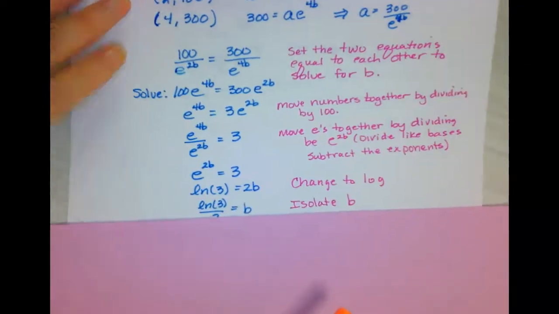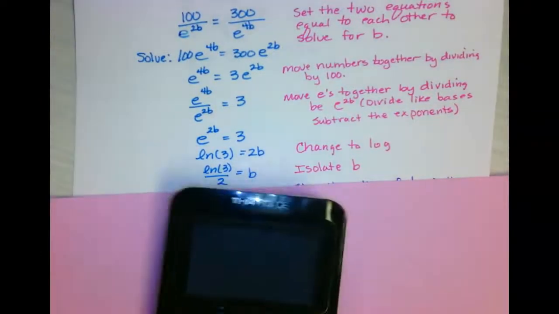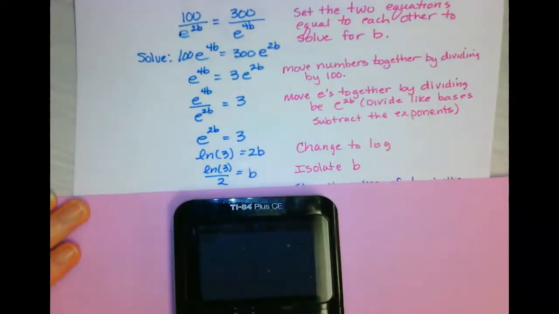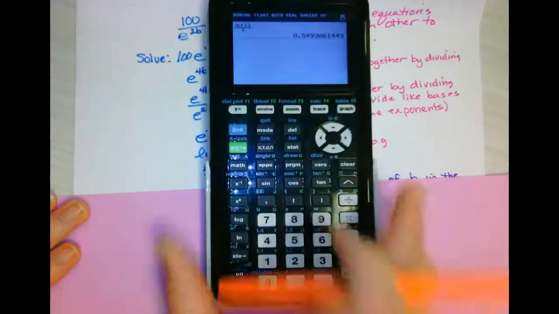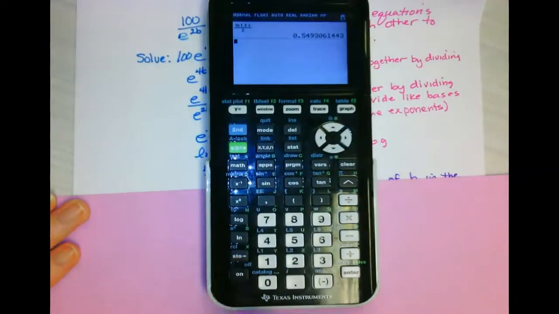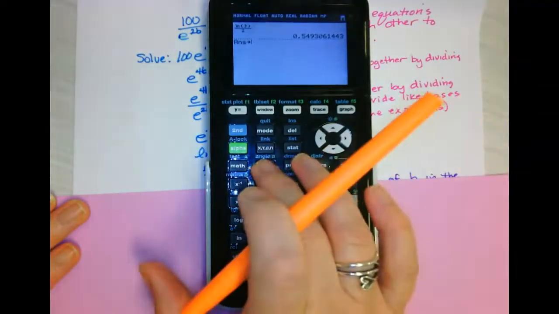And once I have this completely isolated, which these are the steps you will have on your paper, then I can go to my calculator and I can go to my home screen and type it in just like it looks, natural log of 3 divided by 2. I hit enter, I have a b value. So I'm going to actually store that in b. If I go down here on my calculator to this button right here, which is store, I press that, I do alpha, and b is right here in green.